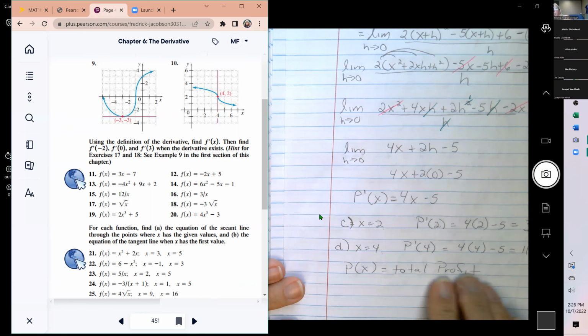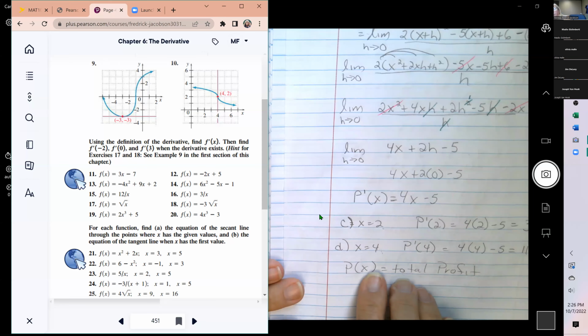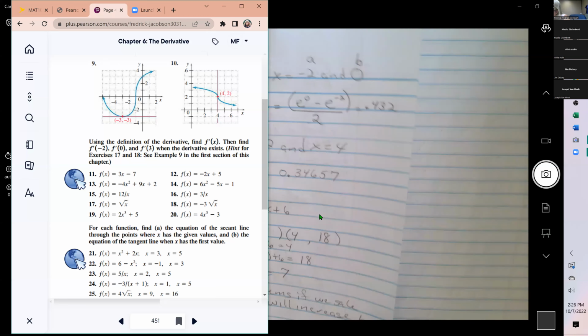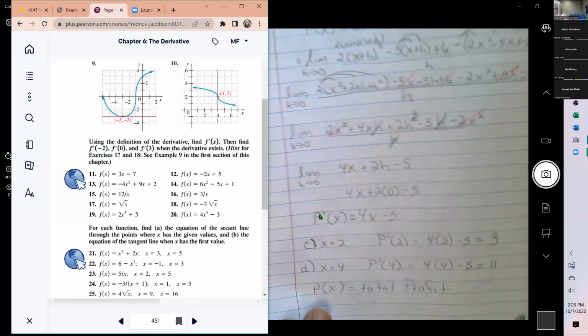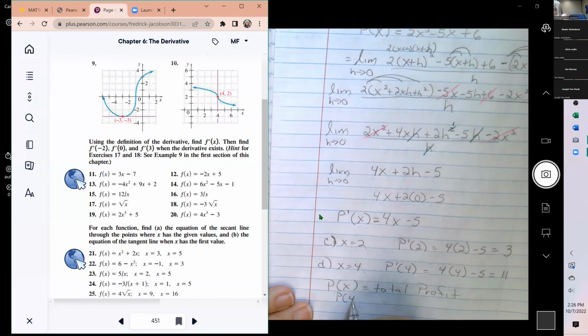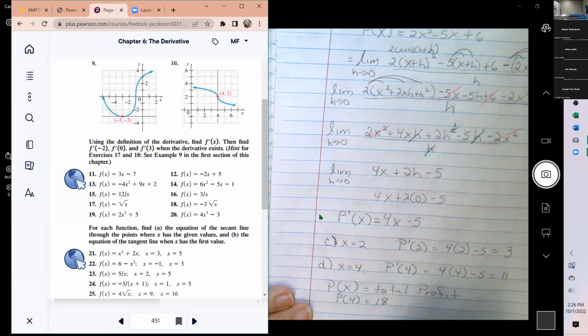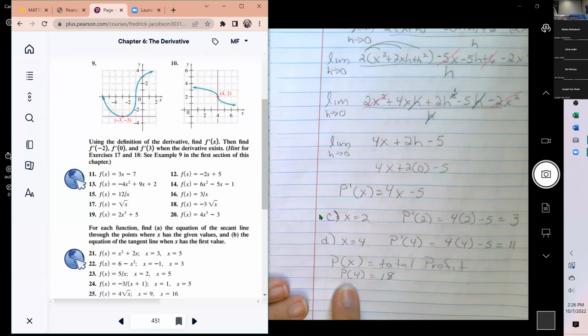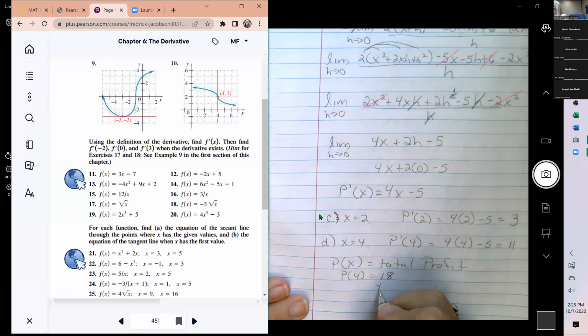P of X is your total profit. So if we plugged 4 into P of X, and I think we did, we got 18. So 4 items gives us a total profit of $1,800.